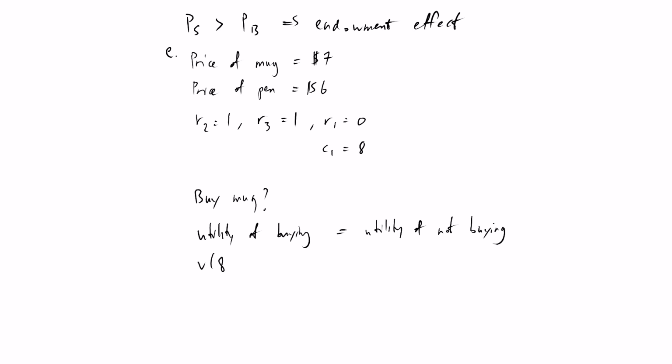getting $8, not expected. He pays $7 for the mug. His reference point is 0. Plus, he's now getting a mug, which he does expect. So you have to subtract the reference point. He also expected a pen, but he is not getting any. Versus, if he comes in not buying anything, which means he's not getting anything despite expecting both.